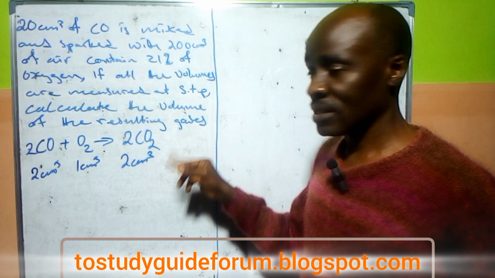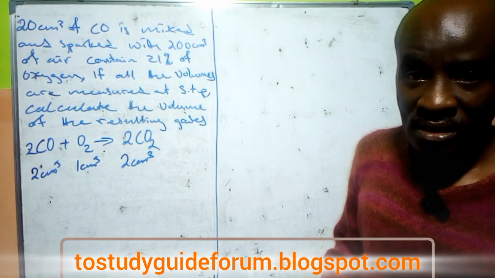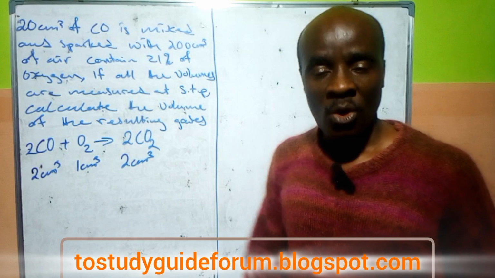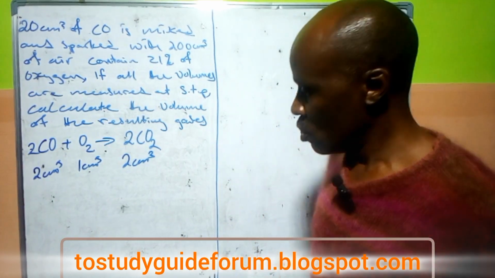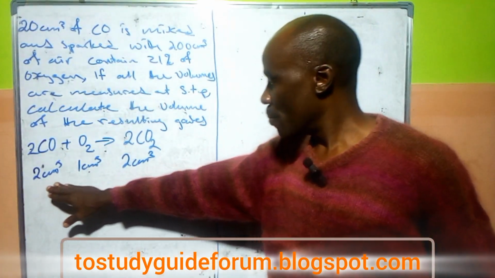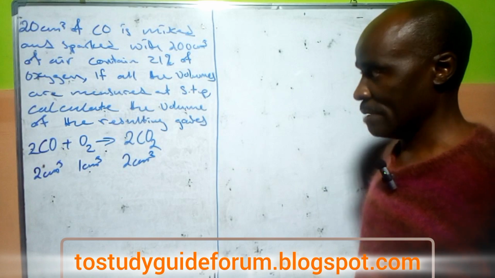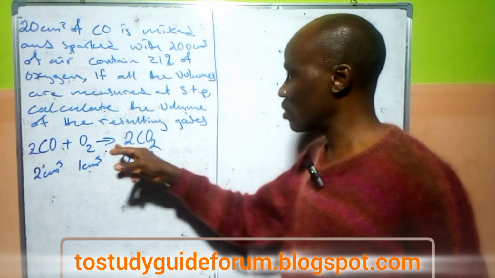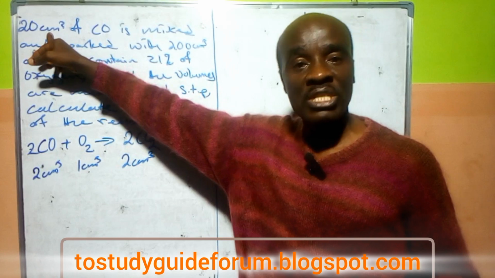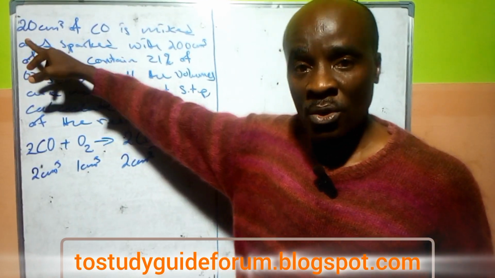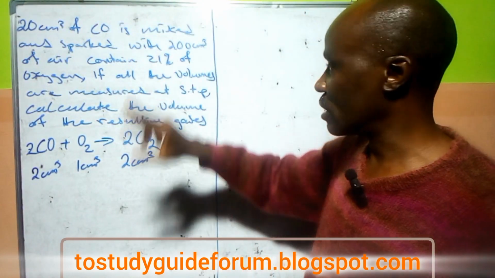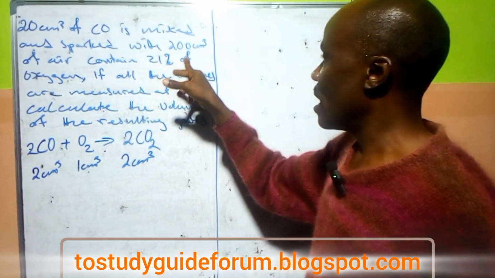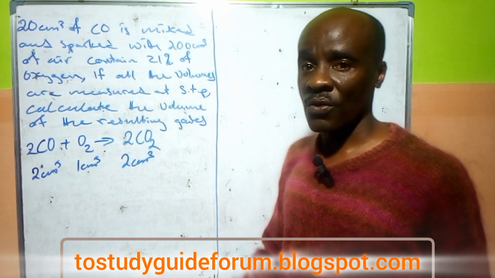Resulting gases. The excess gases, the gases that may not be combining, the remaining gases, the residual gases, as the case may be. So we can look at how we can solve this problem to get the resulting gases. We have 20 cm cube of carbon monoxide, that is carbon 2 oxide, combining with air that contains 21% of oxygen.